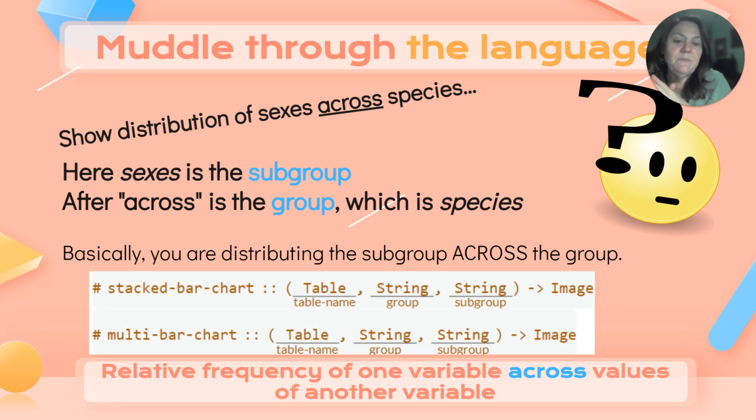So really that species is getting that x-axis. All the values of species are going across the x-axis, and that subgroup will be what's either being stacked in the stacked bar, or that's what's going to get its own count in the multi-bar. Okay? And so I love the contract tells them to put the group first and the subgroup second.